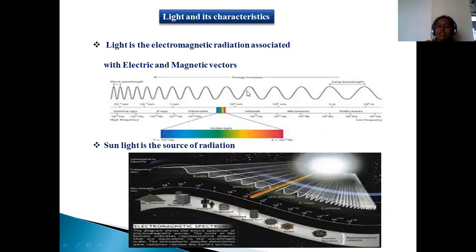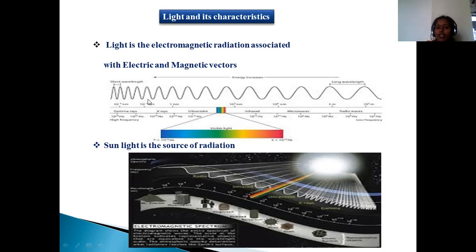So what are the important characteristics of light radiation? Light radiation is associated with electric and magnetic vectors. Light is a combination of electric and magnetic fields oscillating perpendicular to each other.